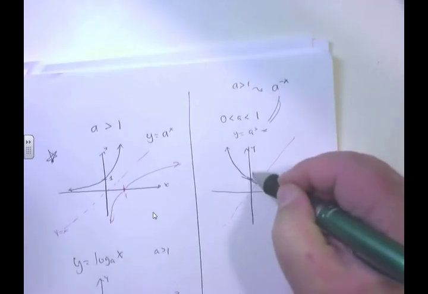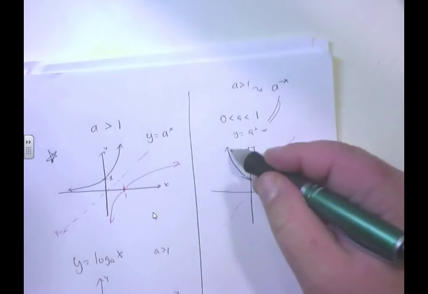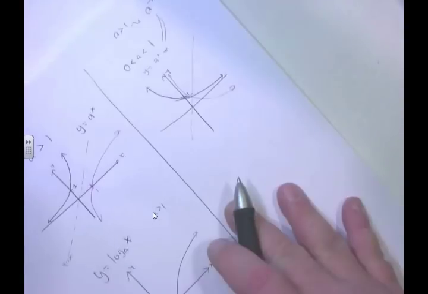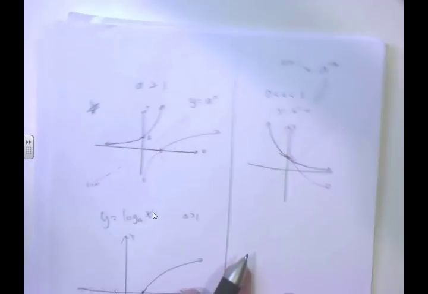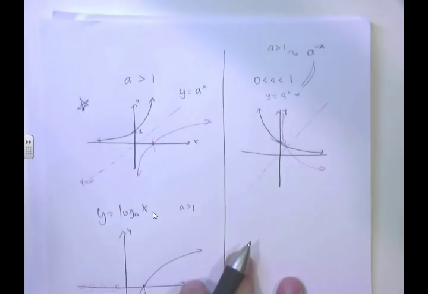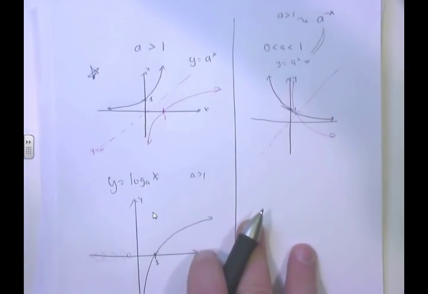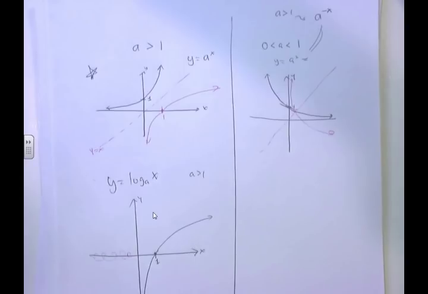This part goes down this way, so it'll have to go up this way. This part goes over here, so we go like down that way. So it's symmetric. But you typically don't use logs with fractional bases. You could, but we don't do that as much. It's log base e, log base 10. e is 2.718, a number bigger than 1. Base 10 is obviously 10, and so forth and so on.